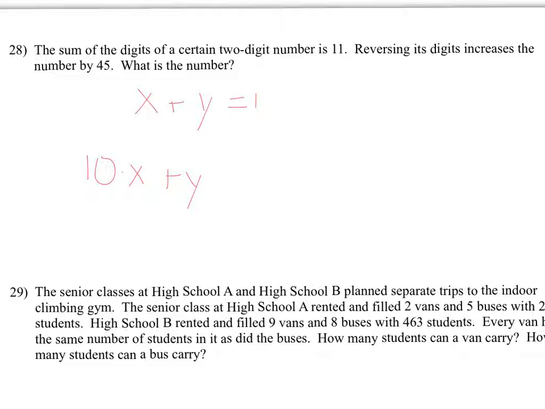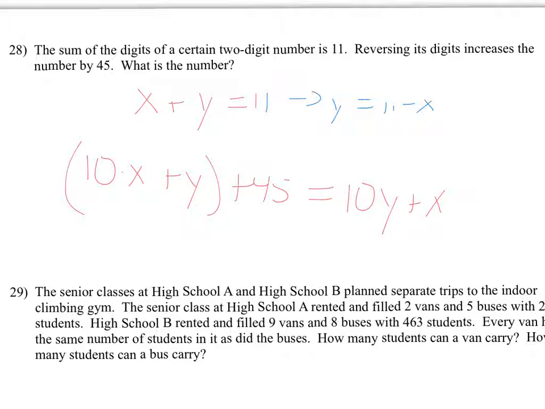And it says that reversing the digits increases the number by 45. So if I do this, this is the original number, plus 45, that gives me the reversed digits. So instead of 10x plus y, we're looking at 10y plus x. Okay? I can go a little bit further and rewrite this as y is equal to 11 minus x.